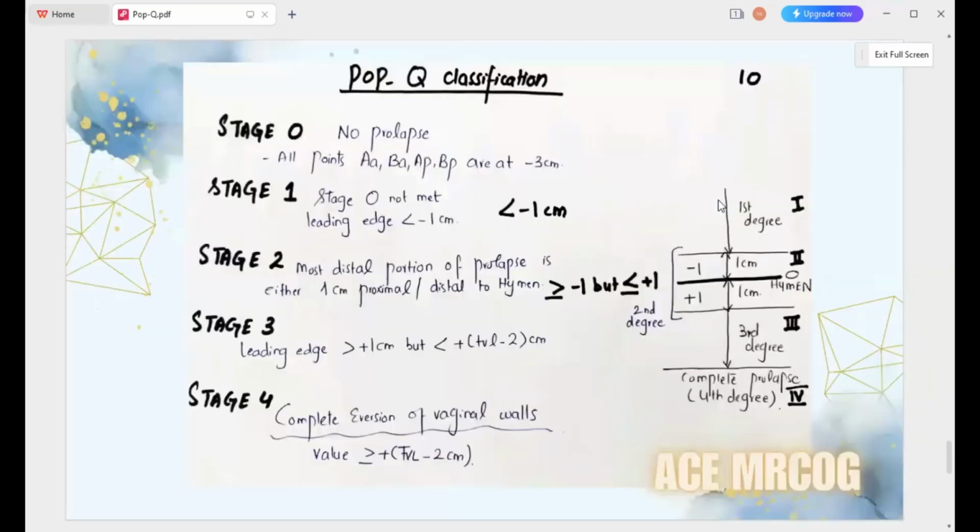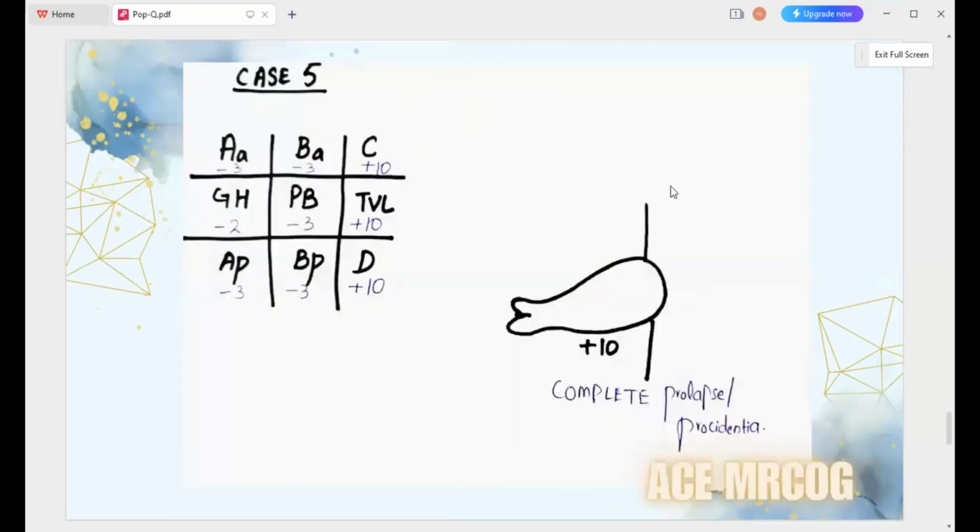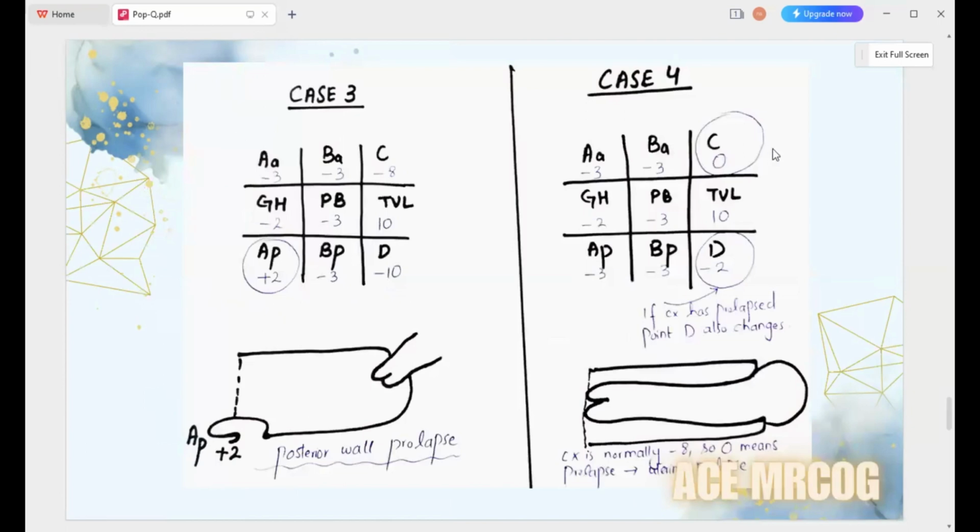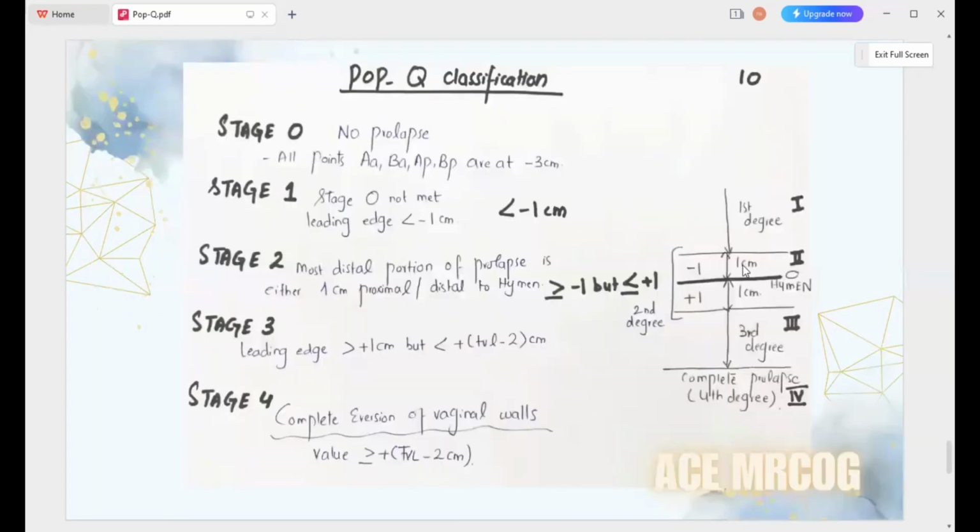So if any point is -1, +1, or 0 on the grid, which means that if this portion is 0, +1, or -1, this means that it is a second degree prolapse. If it is -2, -3, this means that it is behind 1 centimeter. -2 is here, -3 is here, -4 is here.